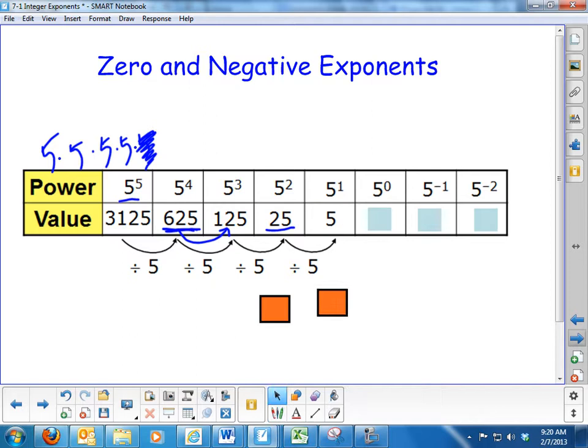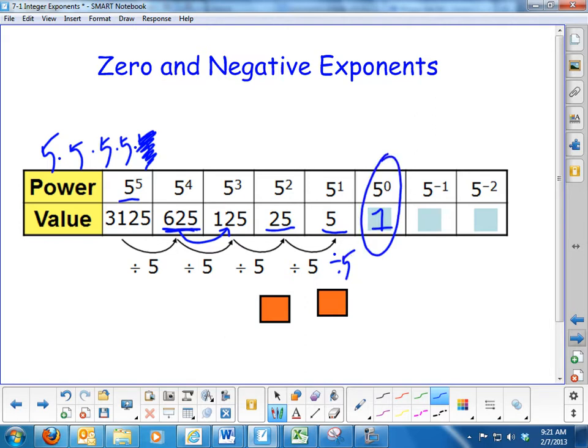Now if I move down to 5 to the 0, same exact thing. I'm going to take the previous answer, 5, and divide by 5, and I get what? 1. That's very, very important, guys. 5 to the 0 power is 1. Okay? 0 power, you get the answer 1.